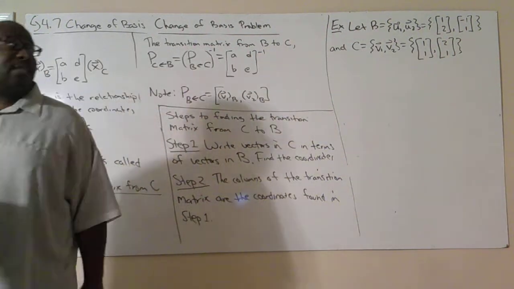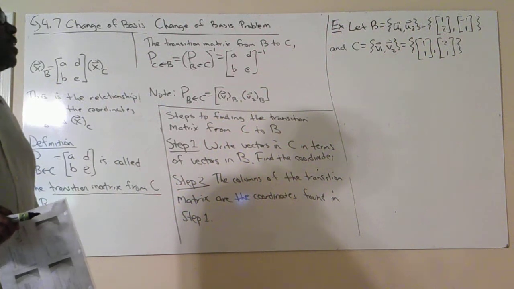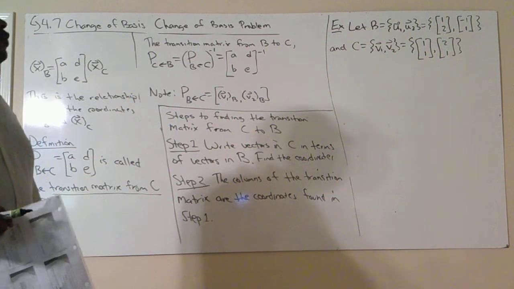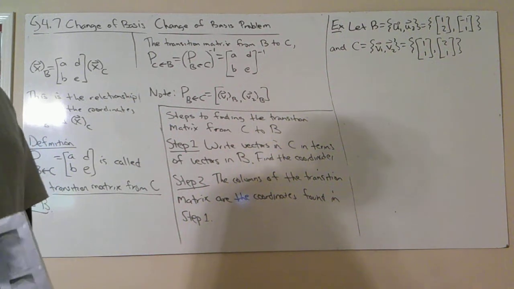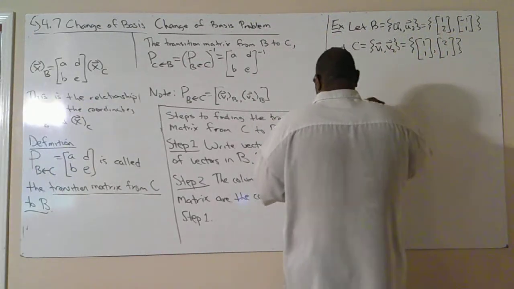I want you guys to notice that the vectors in both B and C are linearly independent, right? I have two linearly independent vectors in B and two linearly independent vectors in C. So therefore, they must be a basis for R2.